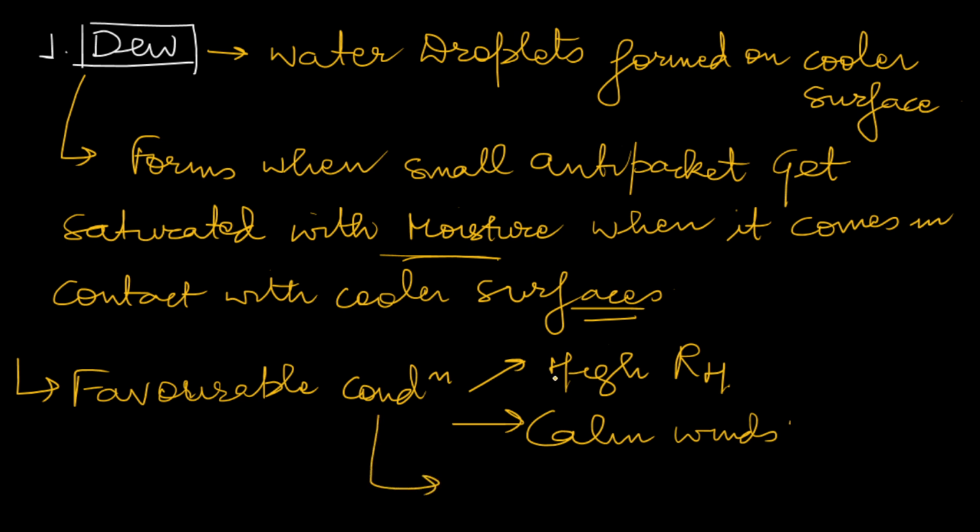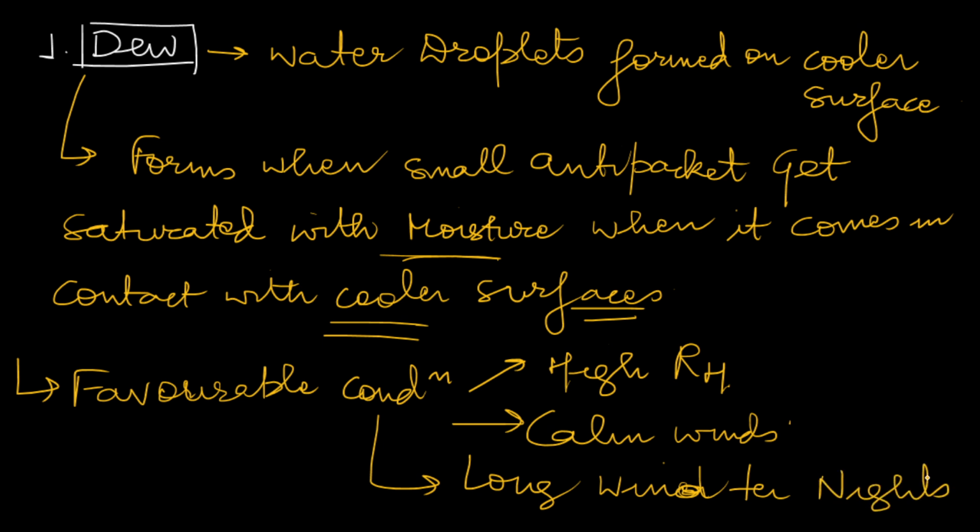During winter they are generally formed, because dew needs cooler surfaces, and you will find those surfaces in winter. We need long winter nights, and lastly we need a clear sky. So these are the favorable conditions required for the formation of dew.